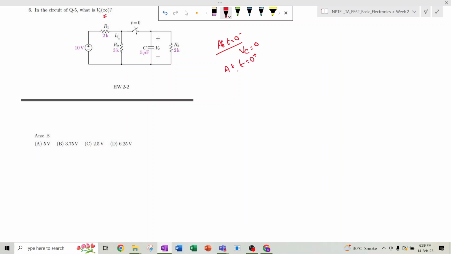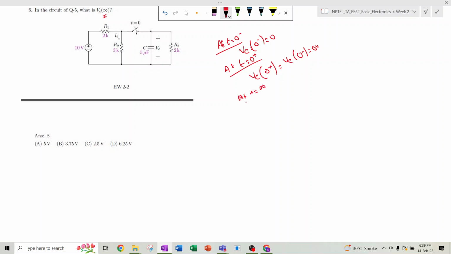At t equal to 0 plus, just when this part gets closed, VC 0 minus is 0 volt. So then VC 0 plus will be VC 0 minus, that is 0 volt.